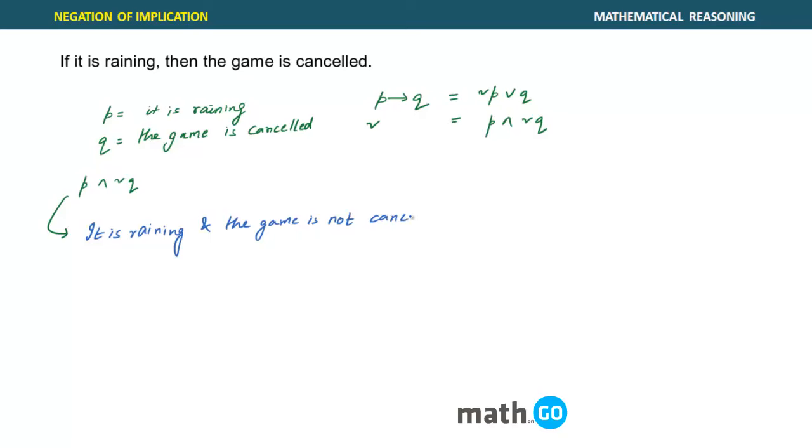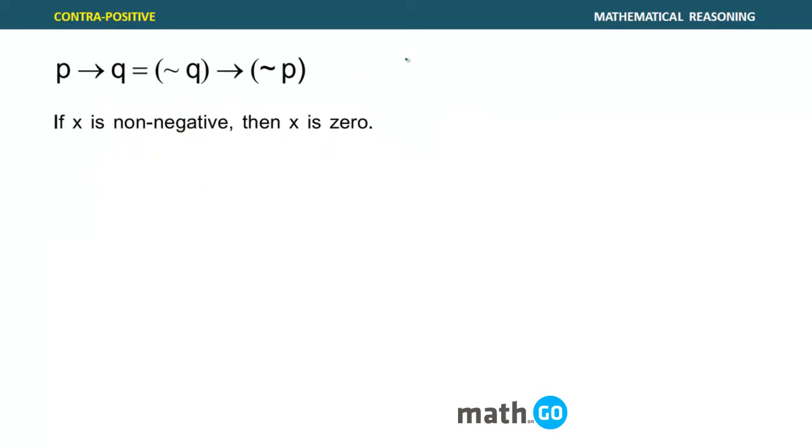This is how you have to make statements. So it is raining because of P, and the game is not cancelled. This is the negation of this implication. This is how you solve it. This is the kind of problem that might be asked in your JEE Mains and BITSAT level exams. I hope this is clear. Now let's understand the concept of contrapositive.